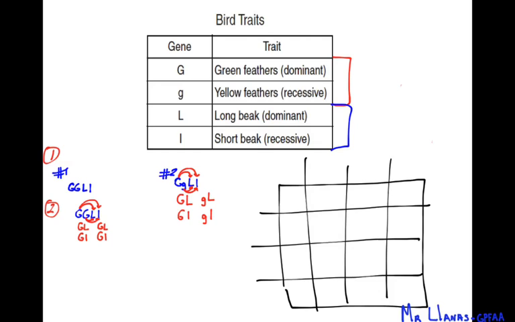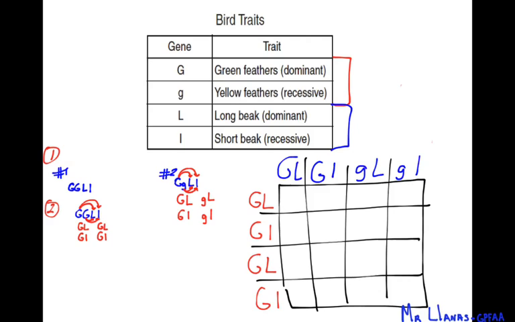If we decide to put parent 1 on the side, we would end up having big G, big L, big G, little l, big G, big L, big G, little l. Those are the 4 types of gametes. And then we put parent 2 on the top, and that would be big G, big L, big G, little l, little g, big L, little g, little l. And that's how you set it up.